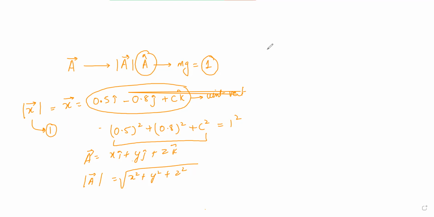Ria was asking something, I just missed her question. Sir, in such types of questions, will the magnitude always be given? If they have mentioned it as a unit vector, it means the magnitude is always 1. Otherwise, they will give you some information directly or indirectly.